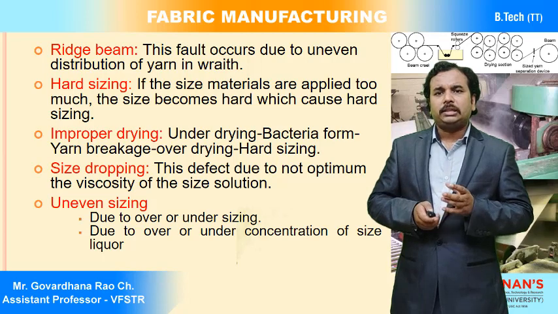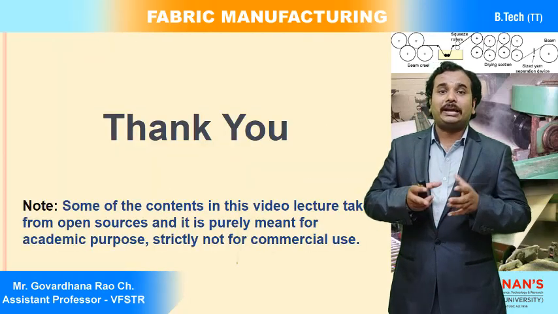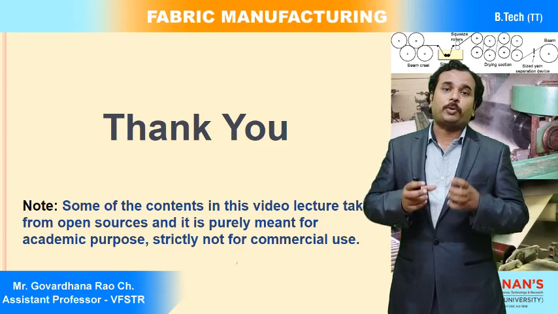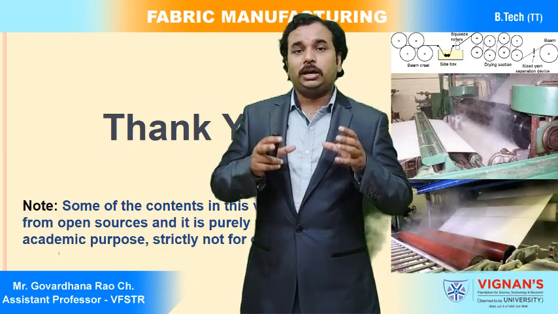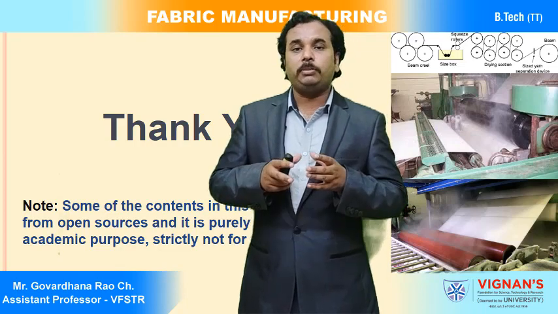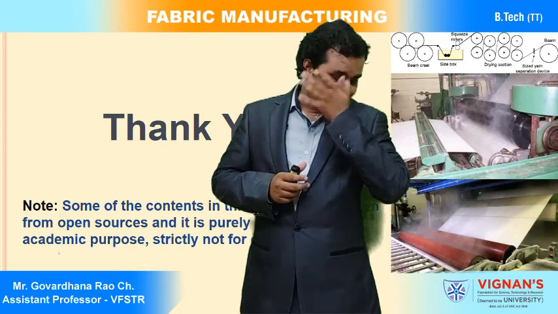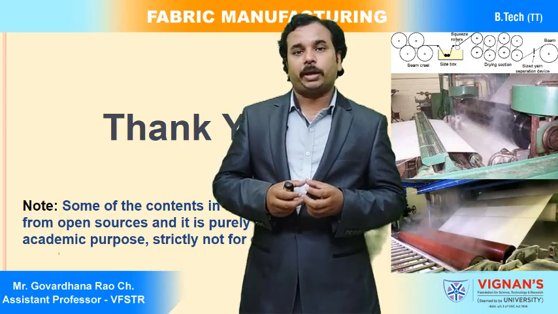If they are, they directly affect the weaving process. The efficiency and breakages in weaving are going to be increased, so finally you will not get productivity in the weaving department.